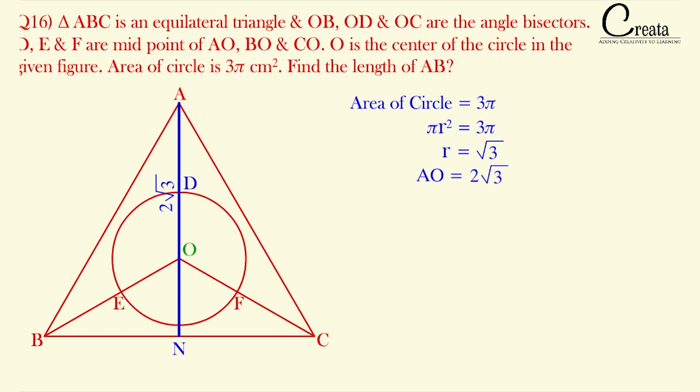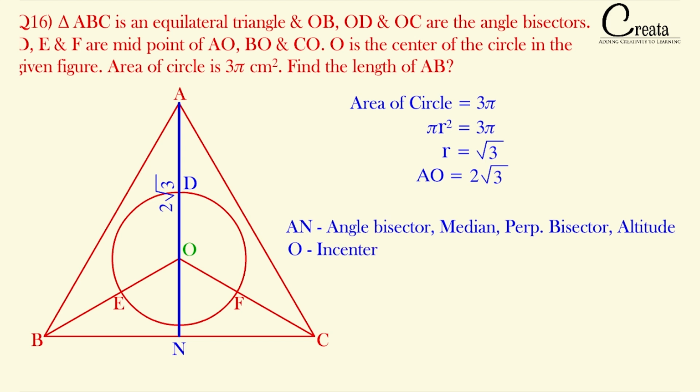And we know inside an equilateral triangle, all the line segments as well as all the points of the circle are the same. Means this angle bisector is also the median, and it is also the perpendicular bisector, as well as the altitude for this triangle. And this point O is incenter, as well as centroid, circumcenter and orthocenter. All these line segments and points are the same.